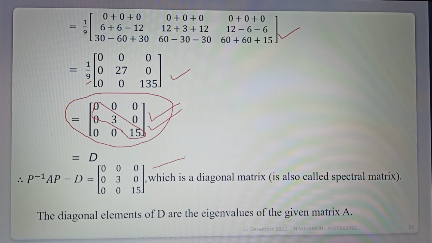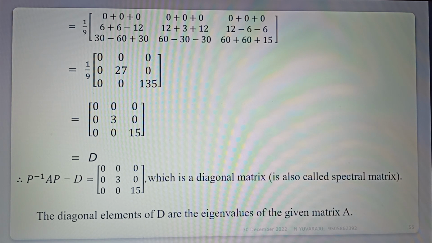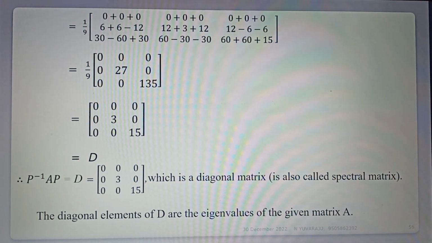So the diagonal elements of D are the eigenvalues of the given matrix A. This is the procedure of diagonalization. Okay na? Okay, see the next example.